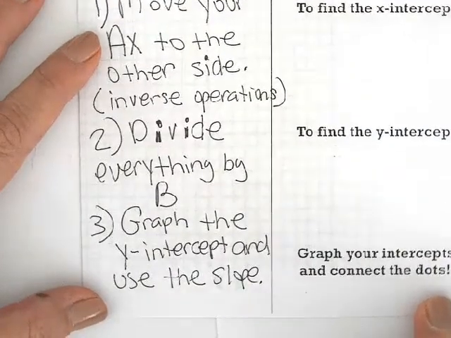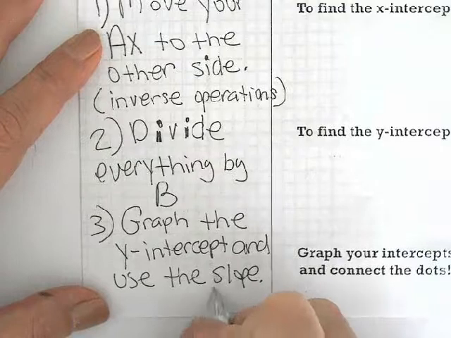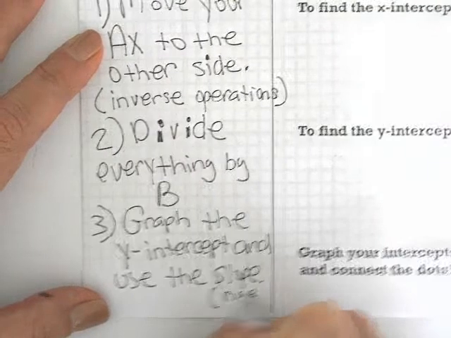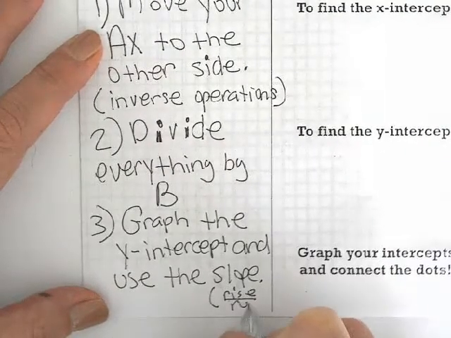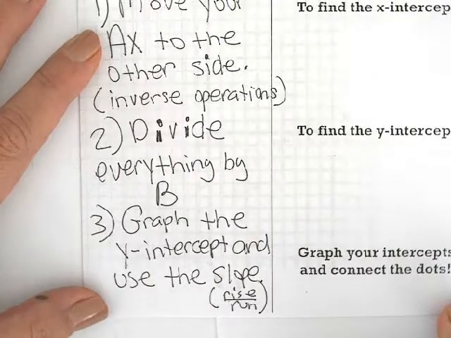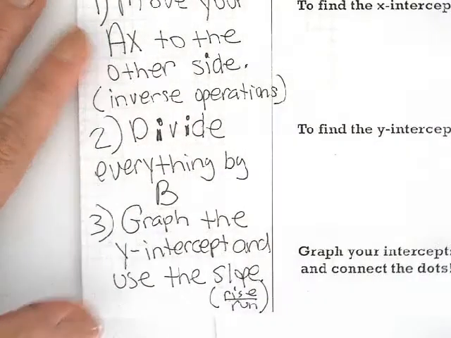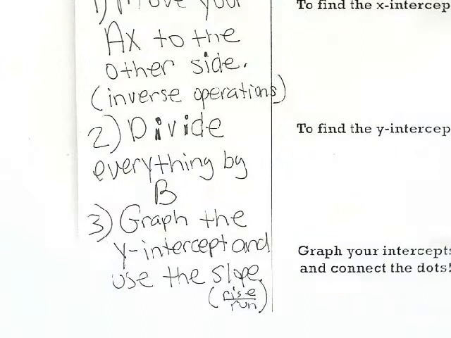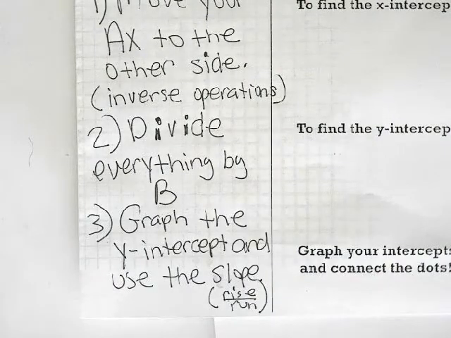Pretty much we're going to be using rise over run. So looking at my slope-intercept form equation, I plot the y-intercept and say if my slope is 3/4, that means I would go up 3 over 4, draw a line, and then I can visually look to see what my line looks like. I can visually see what my y-intercept is, and I also can see what my x-intercept is as well.